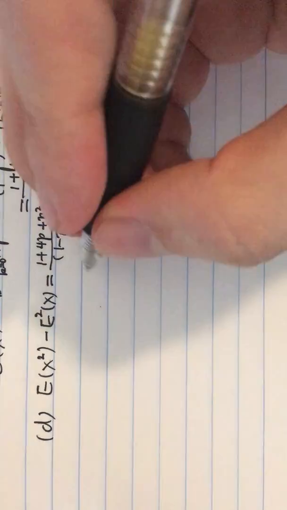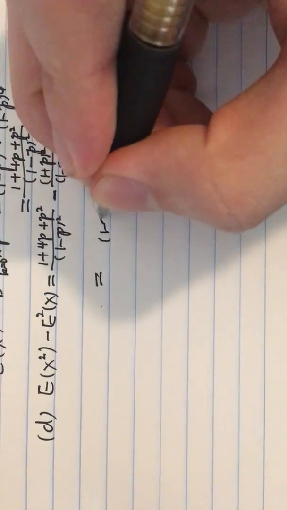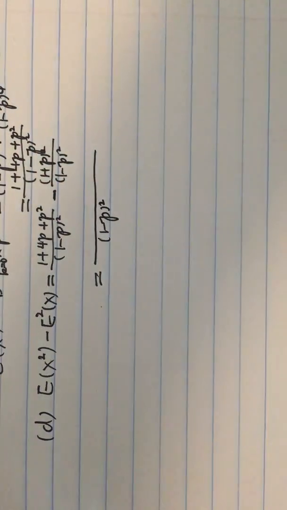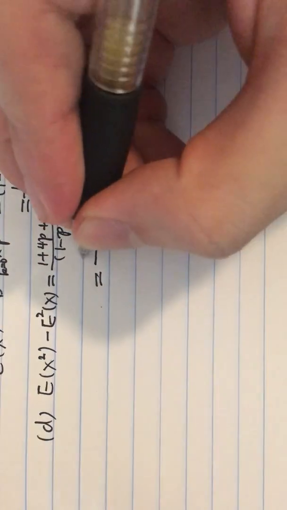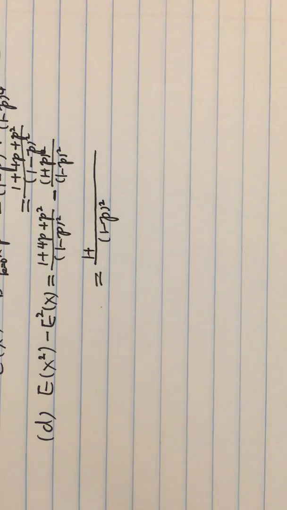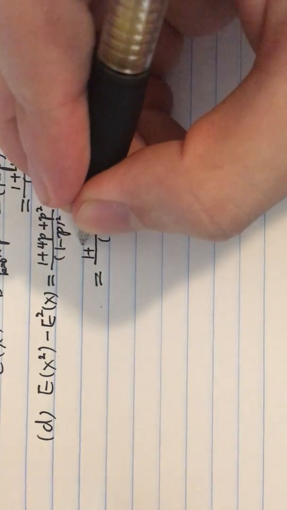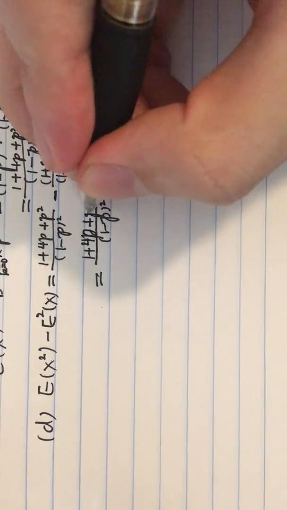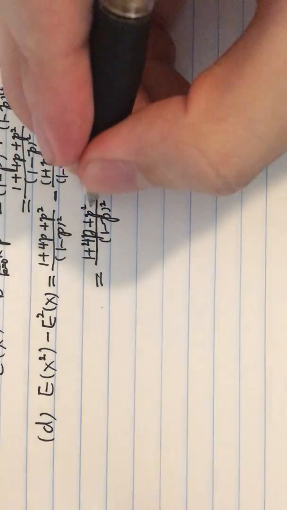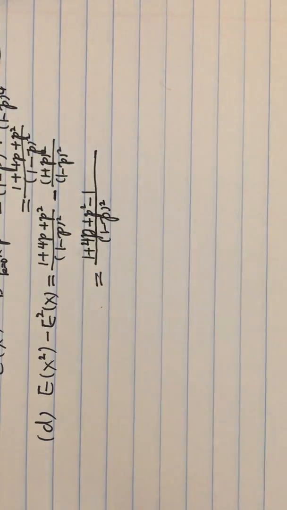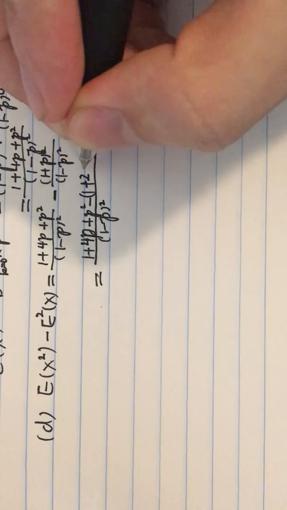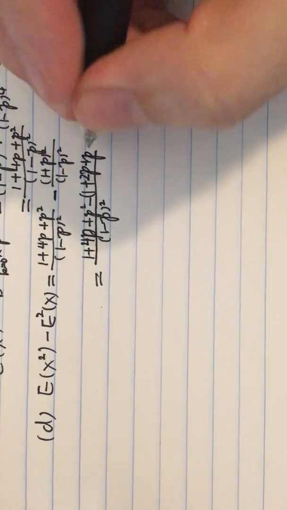So this equals, over 1 minus p to the power of 2, the top side: 1 plus 4 times p plus p to the power of 2 minus 1 plus 2 times p plus p to the power 2.